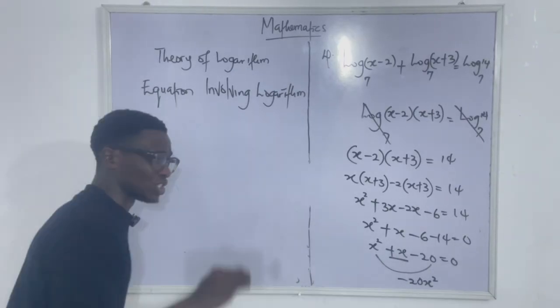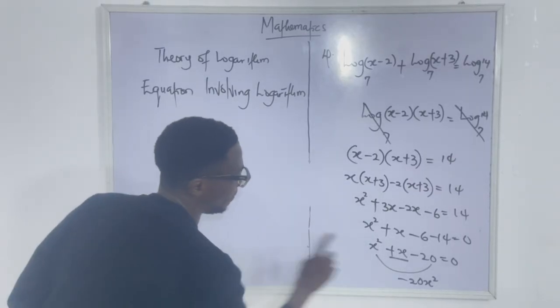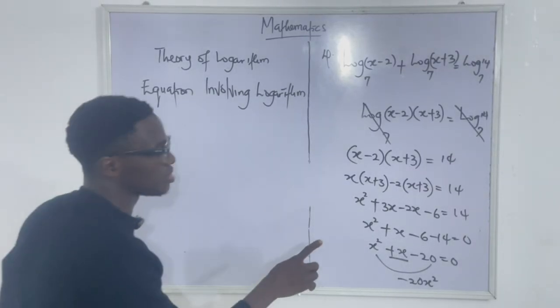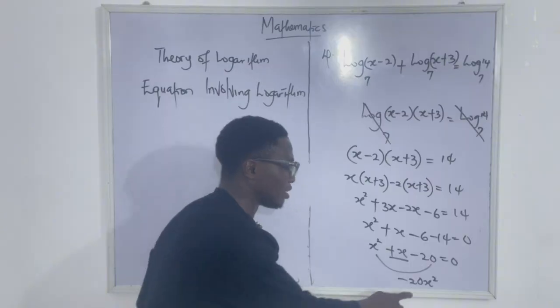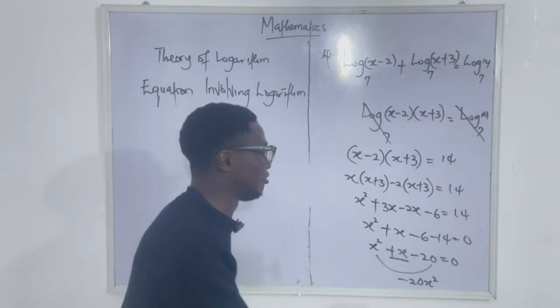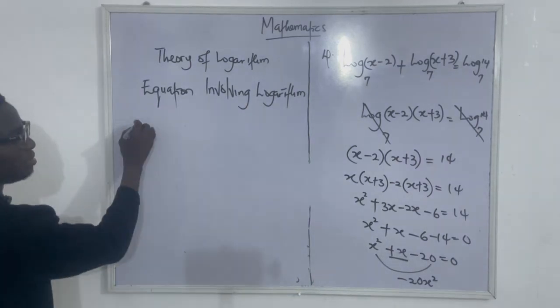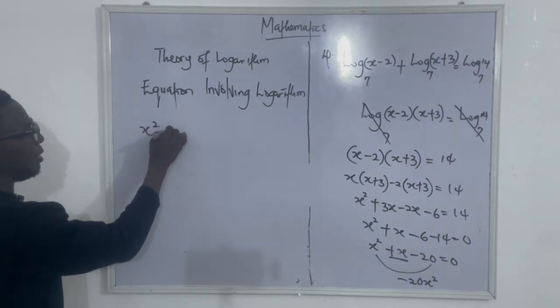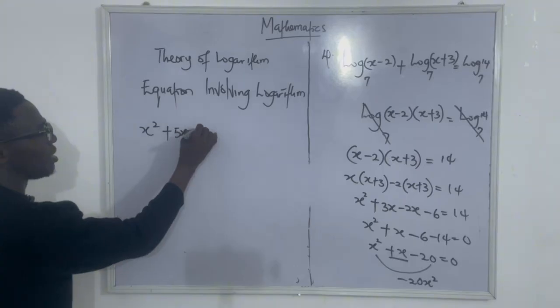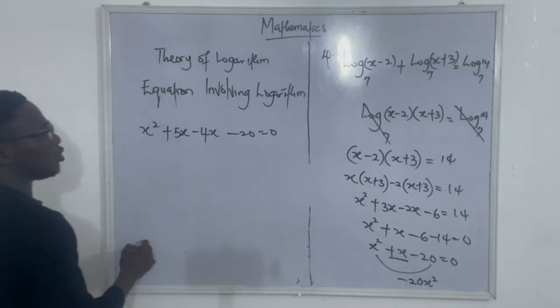It's not far-fetched. That's plus 5x minus 4x, because 5 times 4 gives us 20, plus times minus gives minus, and plus 5 minus 4 gives plus. So we say x squared plus 5x minus 4x minus 20 equals 0.